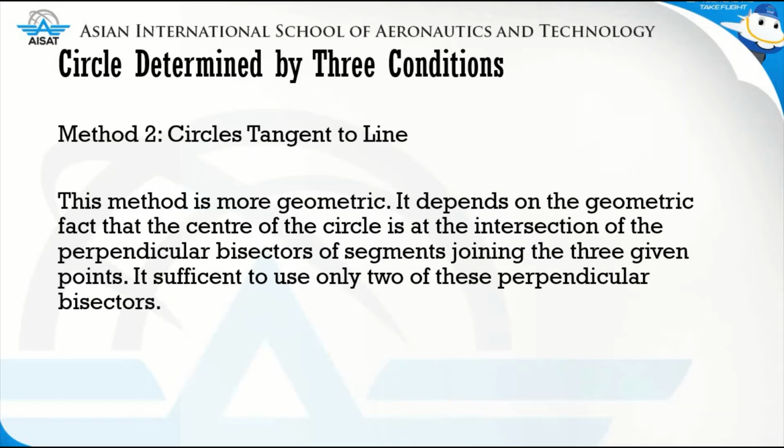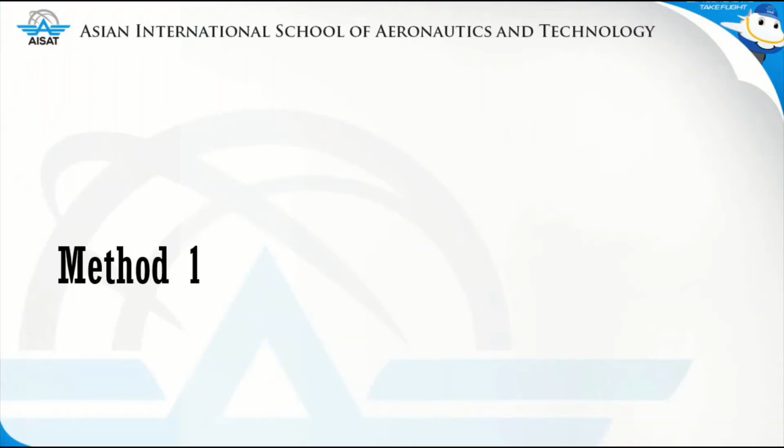It is sufficient to use only 2 of these perpendicular bisectors. On the next slides, we are going to elaborate on these 2 methods. But for now, let us discuss method 1 first.